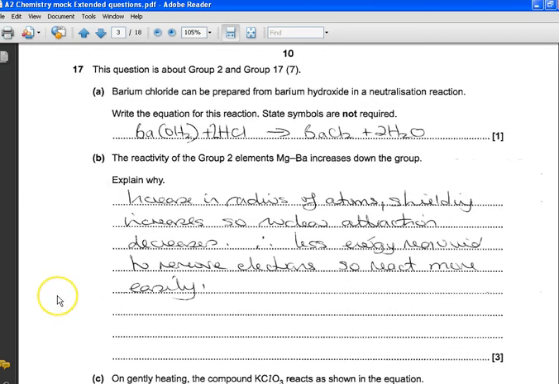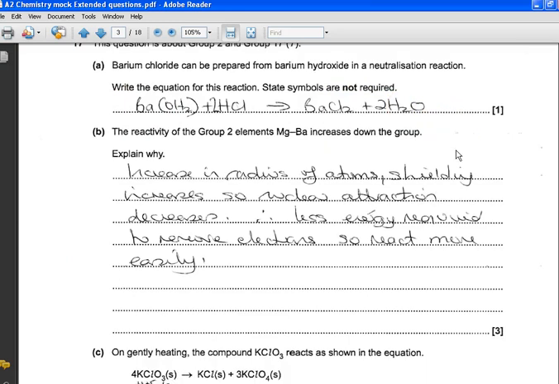Okay, looking at group 2 and group 17 or group 7. Write an equation for a neutralisation. Pretty straightforward, you should be able to do that. Acid plus alkali, salt plus water. And then you're asked to explain why the reactivity of group 2 elements increases down the group.